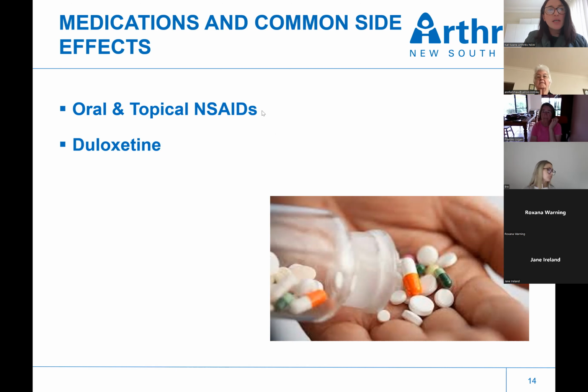When it comes to duloxetine, this medication has a broad sort of use. It is a serotonin norepinephrine reuptake inhibitor. We often use this to treat depression and anxiety, and it may be used in that particular respect, but it can also be used for pain caused by nerve damage associated with diabetes.